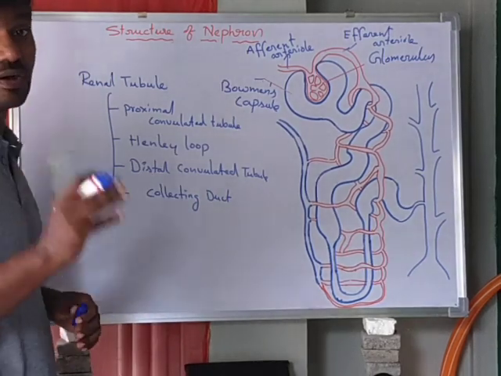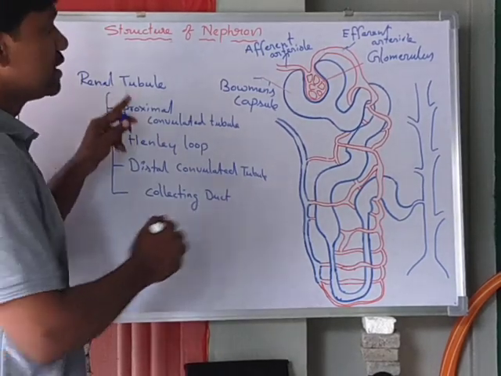So these are the four major parts included in the renal tubule.